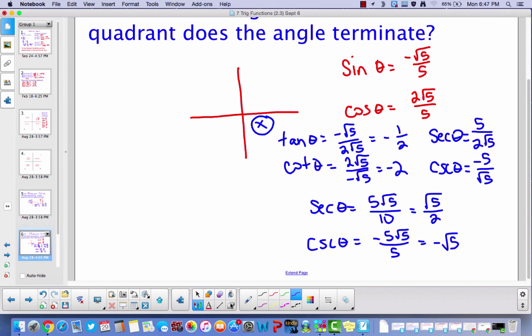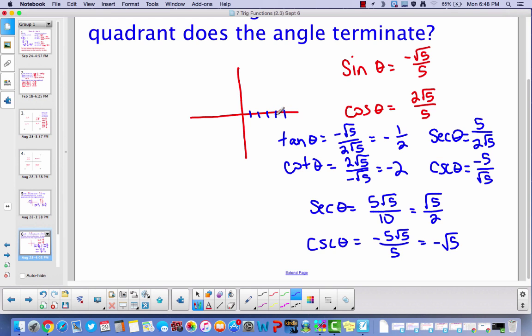Now, we didn't draw the picture over here, but we set it into the fourth quadrant. So let's see what the picture looks like. So remember, this is my y value, this is my x value. So it says go to the right 2 times the square root of 5, which is about 4.472. So go to the right this way, about to here.